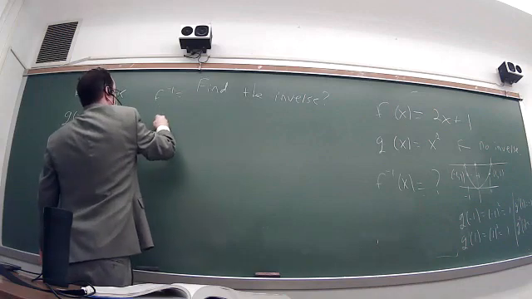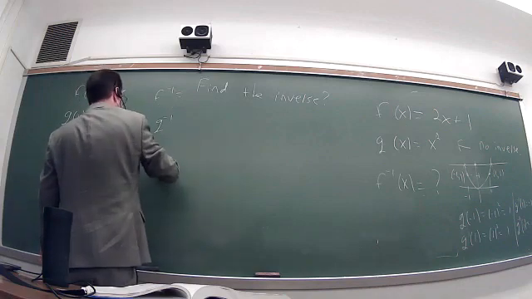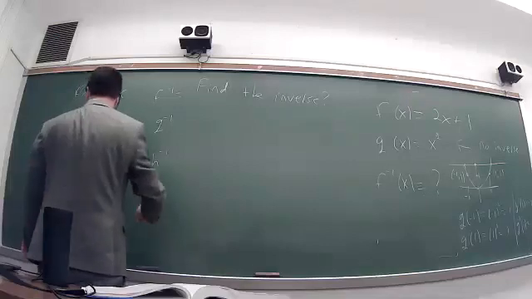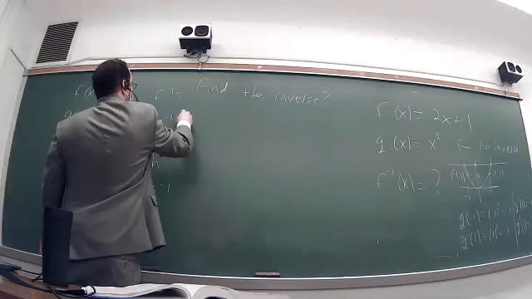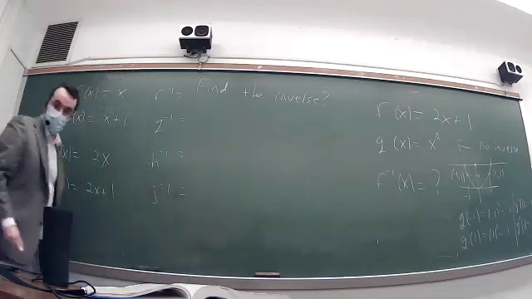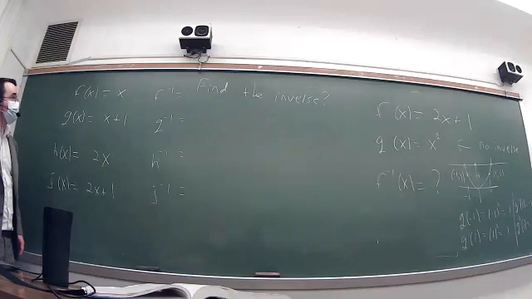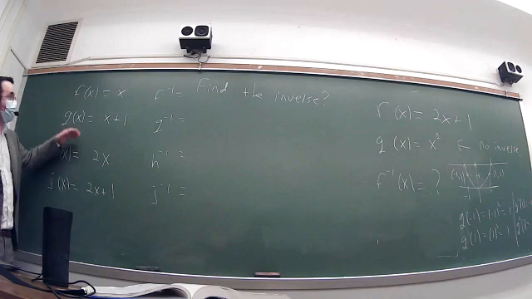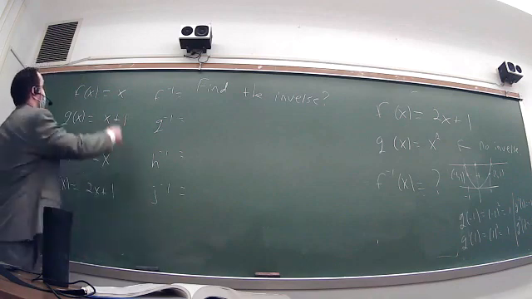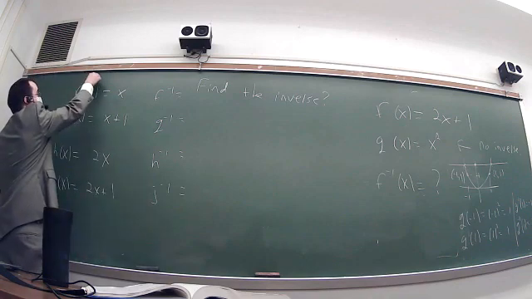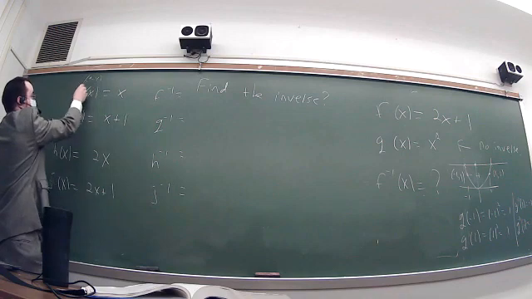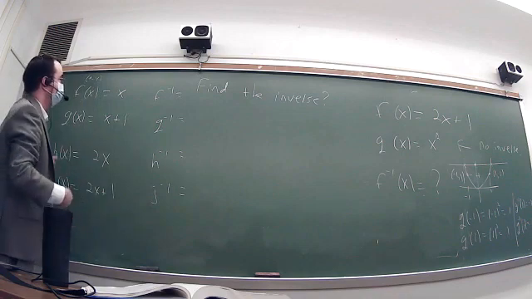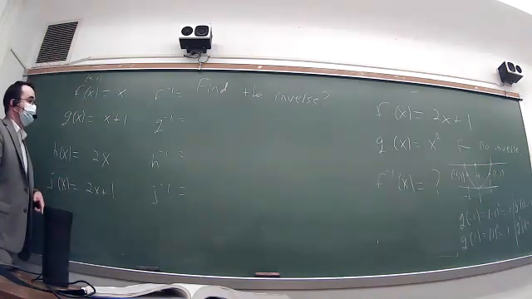For each one, an inverse function exists. And what I'll ask you to do is please take a few moments and find a formula for the inverse of each function. So remember that if f of x equals y, then the inverse would have to take y into x.